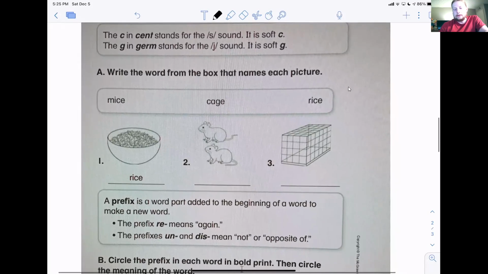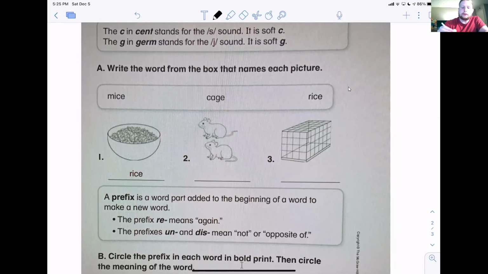For example, we have three words here: mice, cage, and rice. Notice how we have that S sound and that J sound. The S sound sounds like an S. The J sound sounds like a J. But in reality, we have a G and we have a C. They were kind enough to give us rice already, so we can cross that out.